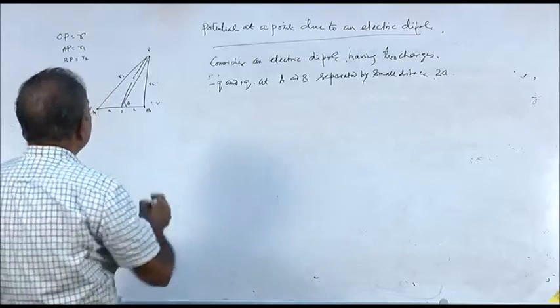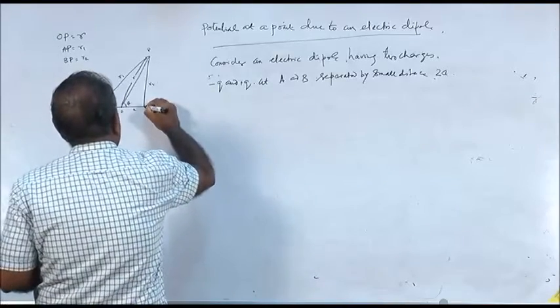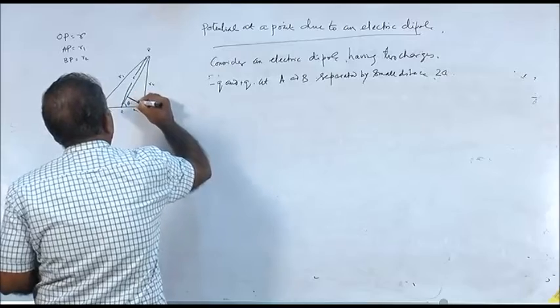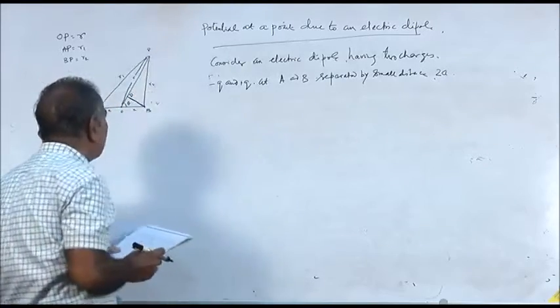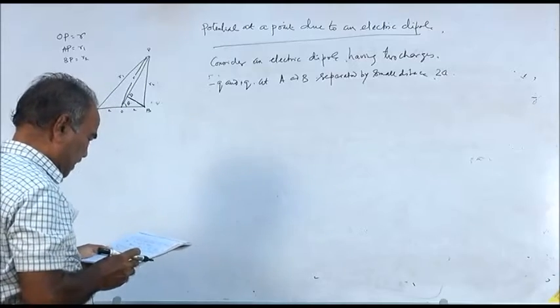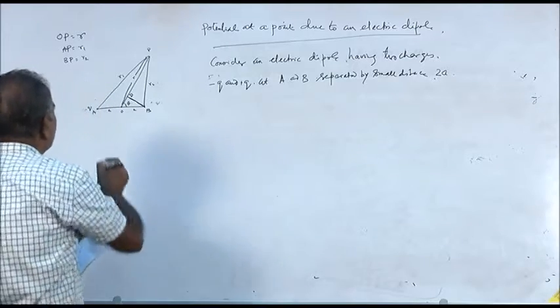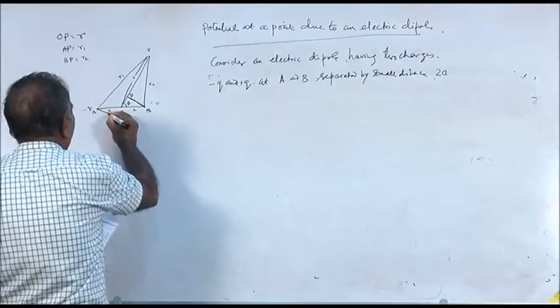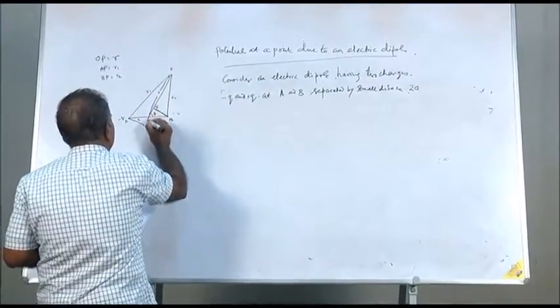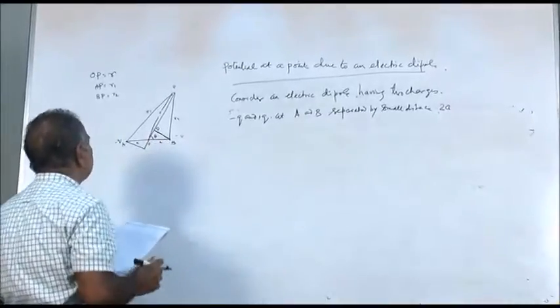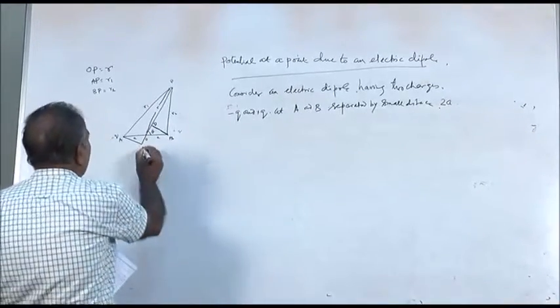And here we drop one perpendicular. BD is drawn perpendicular to PO, and similarly AC is drawn perpendicular to PO produced on the back side. This is your AC.